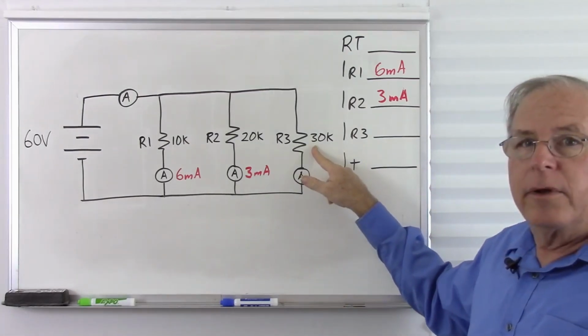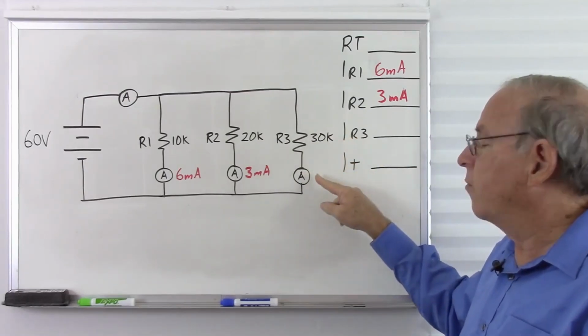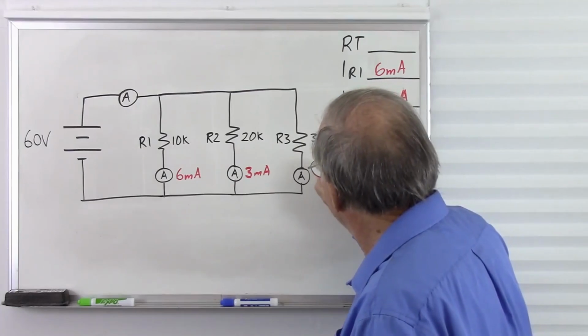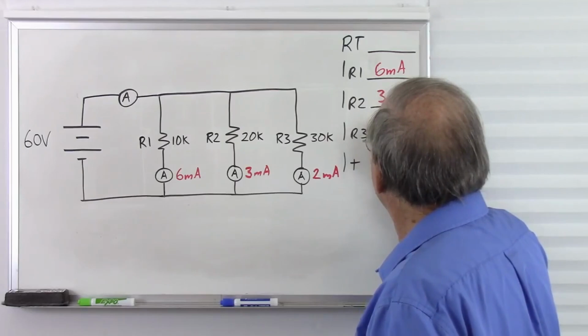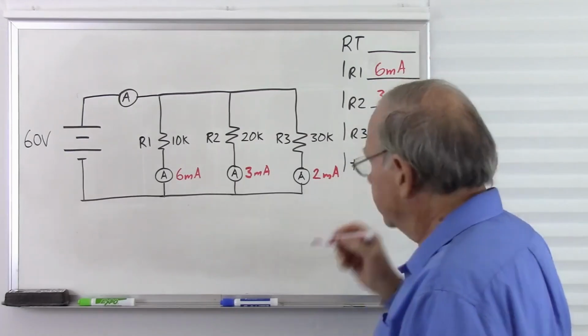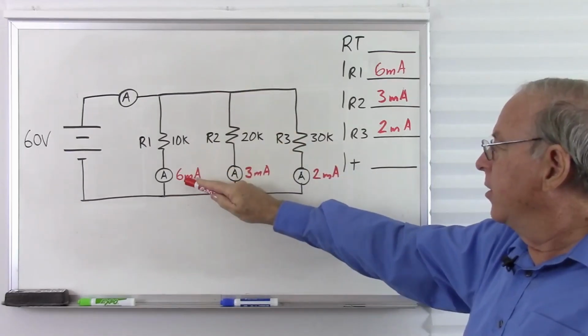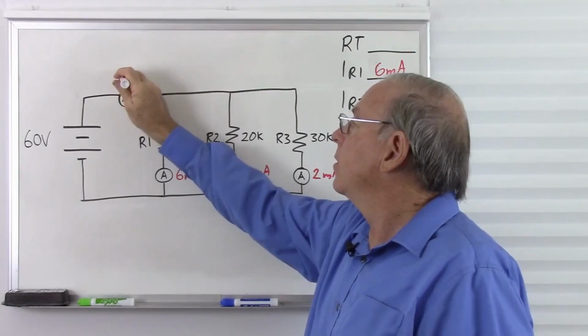And here we have 3 times the resistance, so we must have 1/3 of the current. And now we can find the total current by adding these together. 6 plus 3 plus 2 is 11 milliamps.